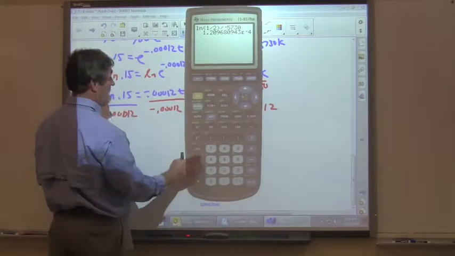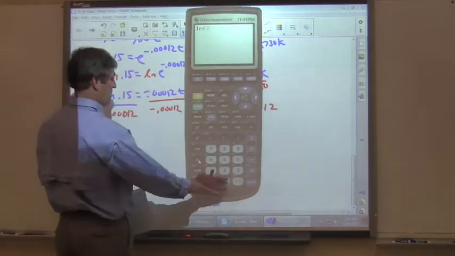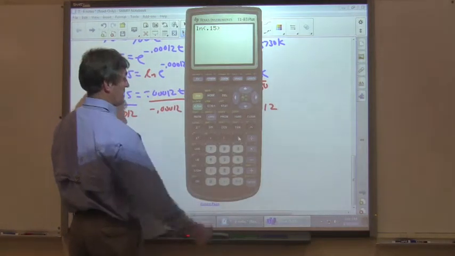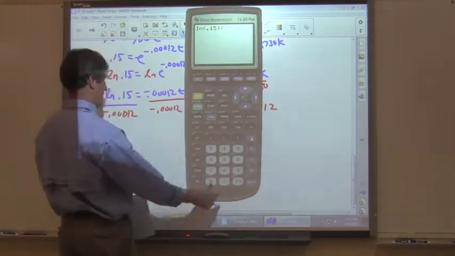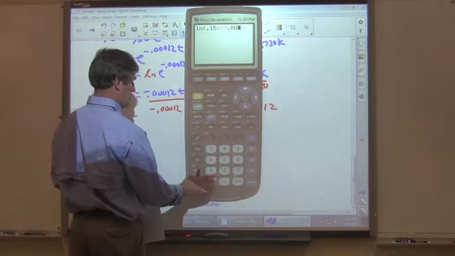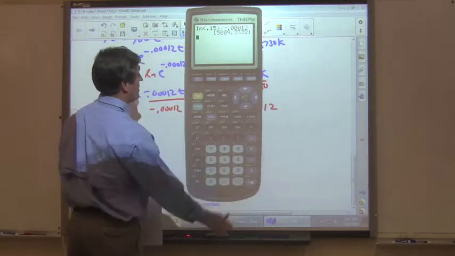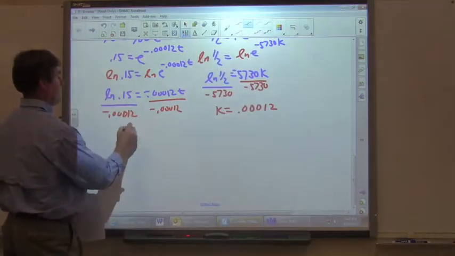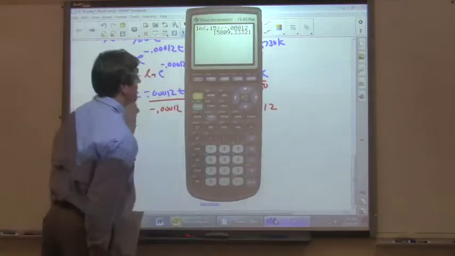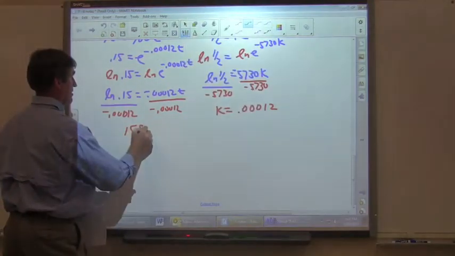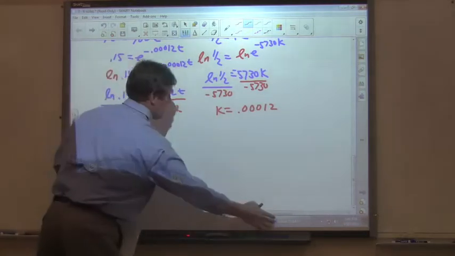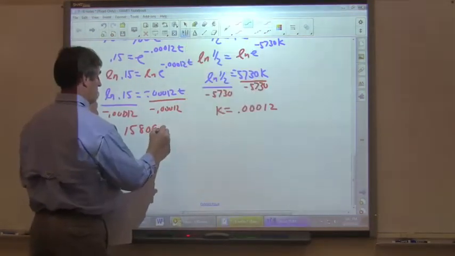And we go ln 0.15, close parentheses, divided by negative 0.00012, and we get 15,809.333.